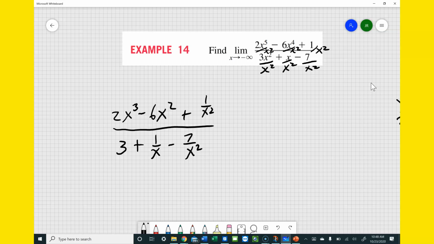All right, now think about this as x goes to negative infinity. As x goes to negative infinity, 1 divided by a huge thing, even if that thing is negative, gets closer and closer to 0. This goes to 0. This goes to 0. So we're left with 2x cubed minus 6x squared over 3.